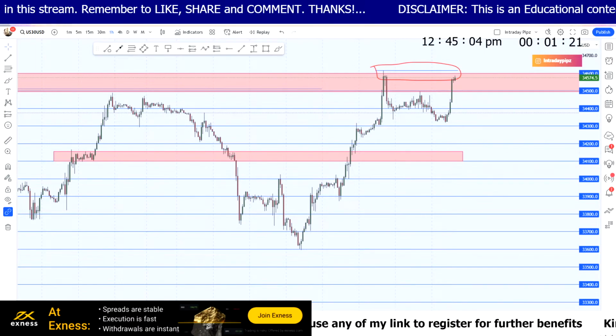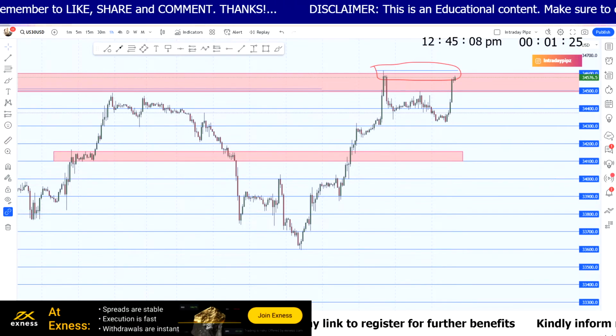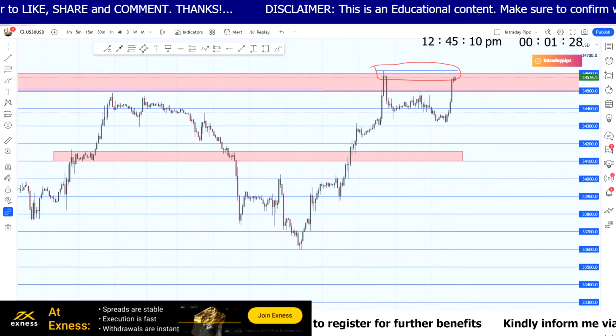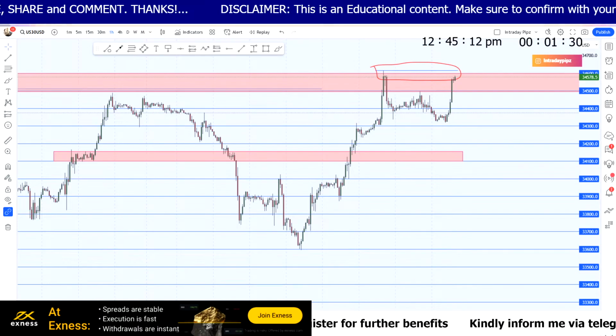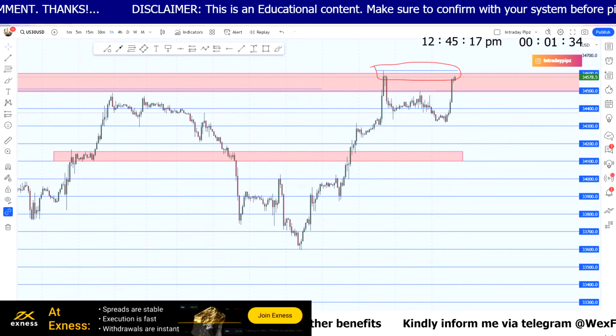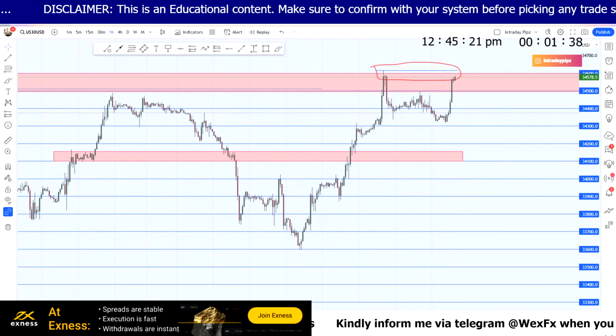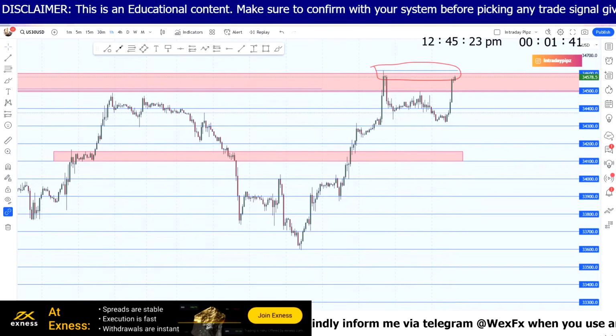So today basically we are having the consumer sentiment that is going to take place by 2 p.m. GMT. That is when we are expecting the consumer sentiment release. So from the current price action, what are the expectations?